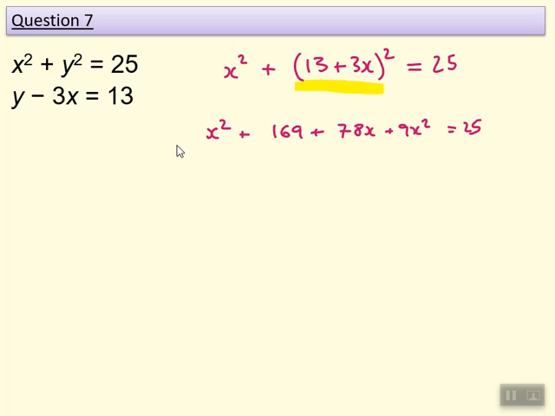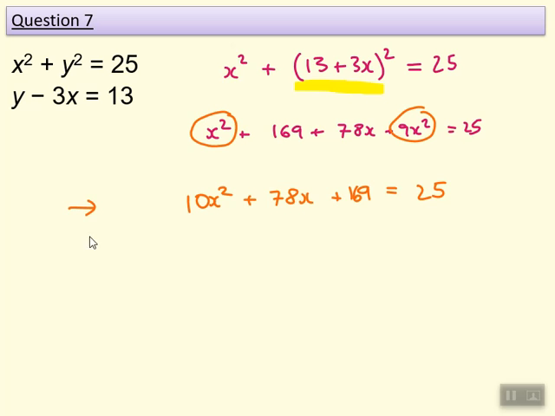Okay, so now we need to collect like terms. So x squared and that 9x squared is going to give me a 10x squared. And then I'm going to write in the correct order. I'm going to write the x term next and the number on its own at the end. Now, some of you tried to factorize this, and obviously it led to a dead end and you didn't get the right answer.